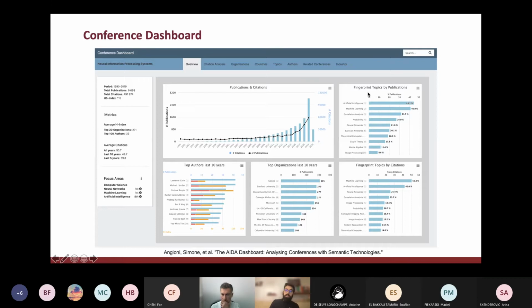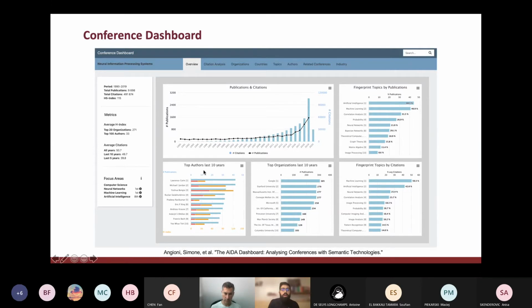The fingerprint topics differ from the focus areas, because eventually they're all topics, but the fingerprint topics are a wider set of topics. So they are still focused, but slightly broader, because it's true that this conference talks about neural networks, but also Bayesian networks, graph theory, and image processing are topics that are discussed within this conference.